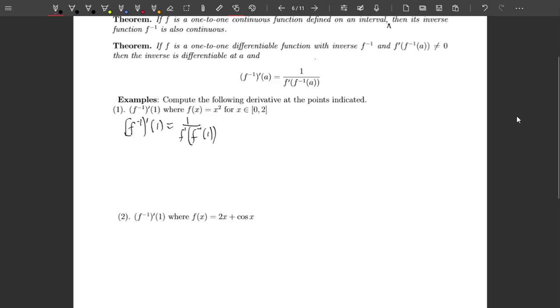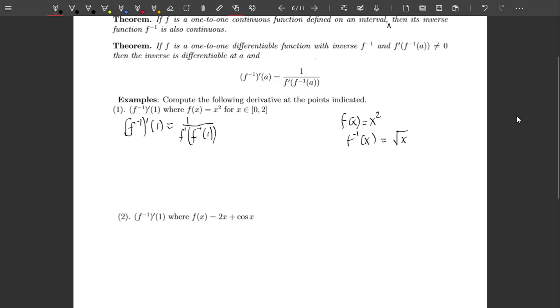So here, to compute this, we need f prime and we need f inverse of 1. It's easy for this function that is given. Let's write that right here. If f of x is equal to x squared, then my f inverse of x is equal to the square root of x.